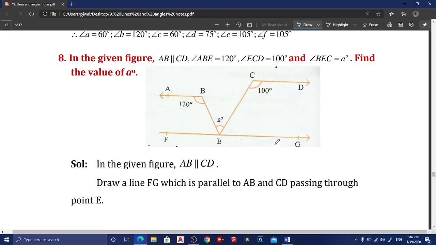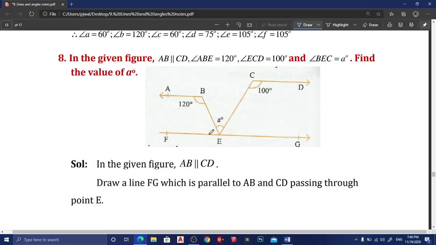Actually it is given in your figure, but since we don't know whether it is parallel or not, we have to draw a line like this, which is parallel to these two lines, to find the value of A. So draw a line FG which is parallel to AB and CD, passing through point E.